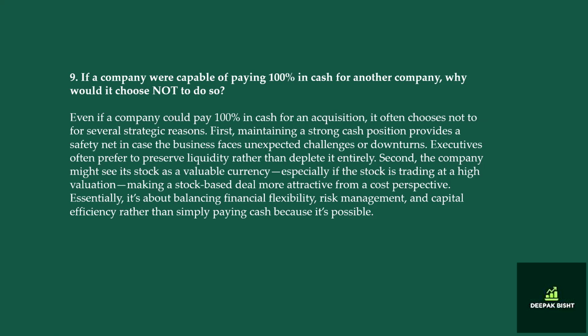A company may have enough cash to buy another company outright, but using all of it could leave the business vulnerable to unexpected events such as a sudden downturn in revenue, rising interest rates, economic shocks, or unexpected expenses or investment opportunities. Maintaining a healthy cash balance is essentially a form of insurance.